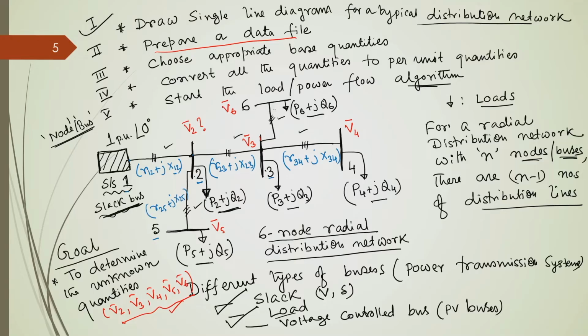Similarly, for this line we can write R36 plus jX36. So, these line parameters are known to us.